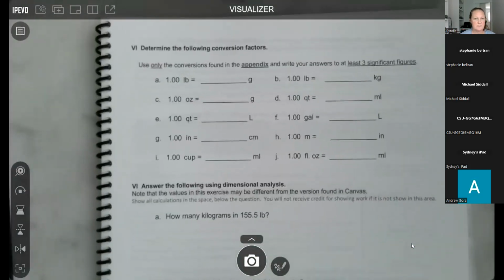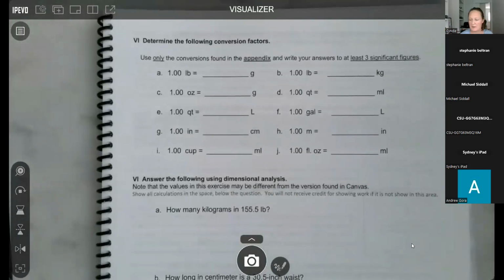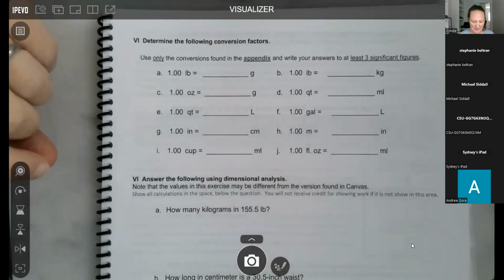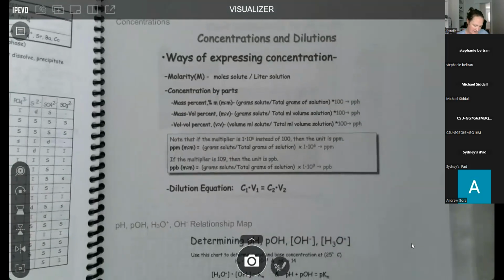And so let's move on to the next section. Okay, so for this one, it says to use the appendix, which I understand is not very great because some of these, like fluid ounces, are not in the appendix, I believe. But the appendix is in here and it's linked in Canvas as well.